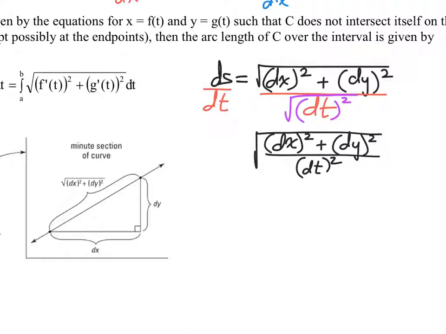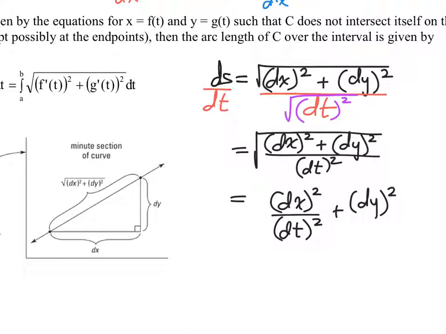It's the result of two fractions being added together, essentially, so I'm just going to undo that. So dx squared over dt squared plus dy squared over dt squared, all under the radical.